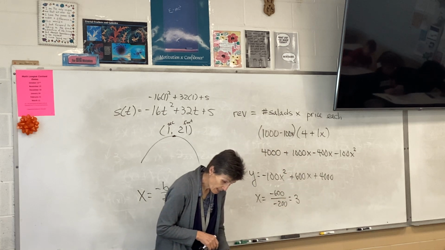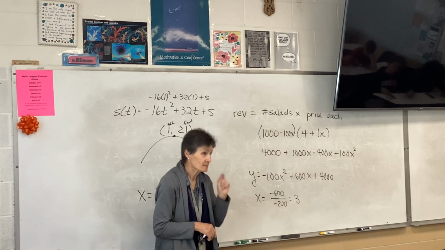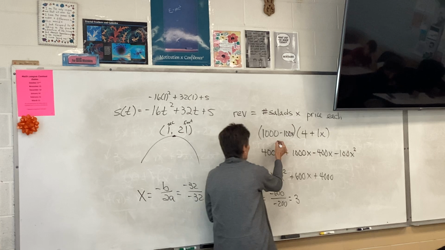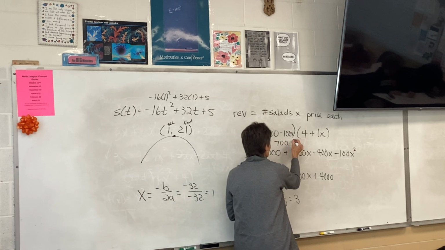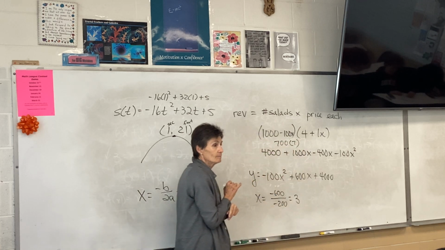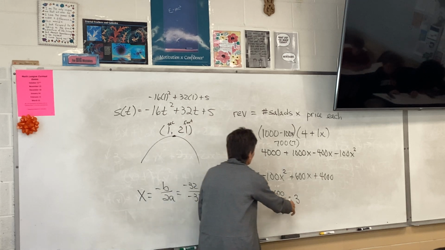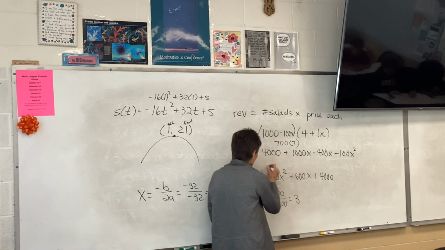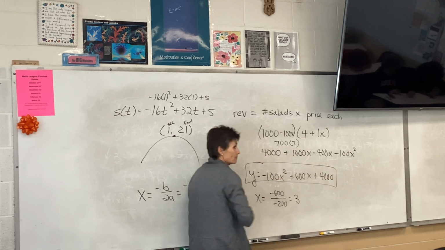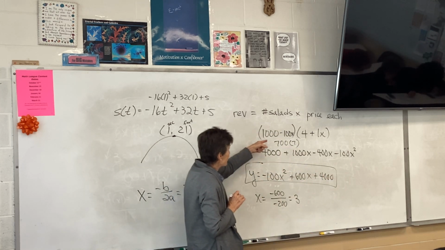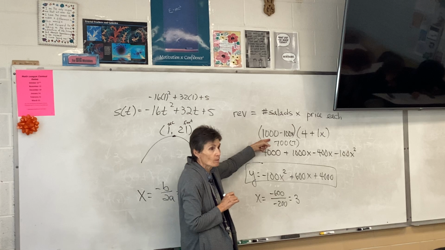The question says, what is the maximum revenue? Won't that be 700 times 7? Which is what you get when you plug 3 back into your equation, but I just did it up here because it was easier for me.